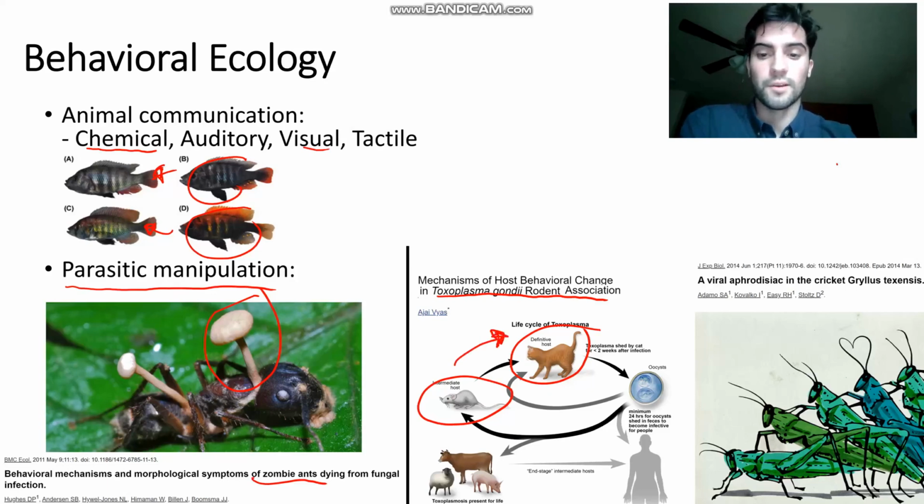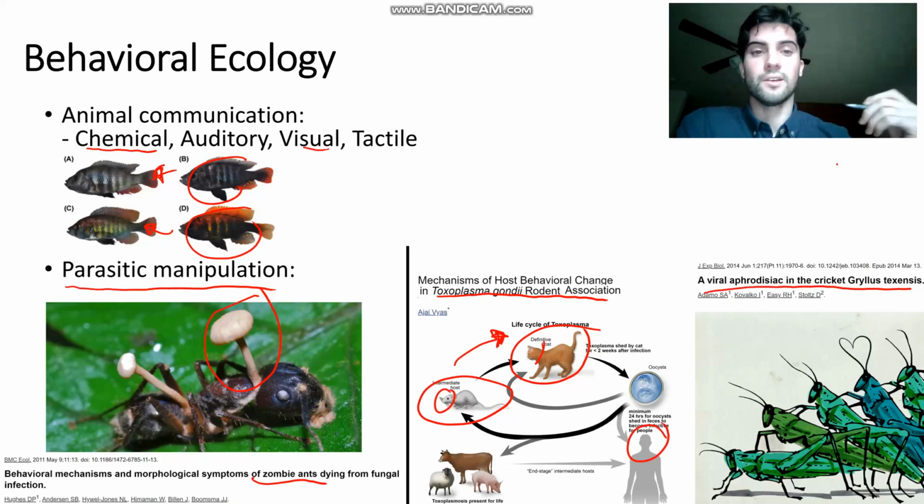Also, you have to remember the blood-brain barrier situation of cats. So the Toxoplasma can't get into the brain of the cats, but it can get into the brain of humans and rats. Then we have this case of a viral aphrodisiac in the cricket virus Taxensis. Basically, this virus increases mating a lot, so the virus spreads a lot also as a consequence.